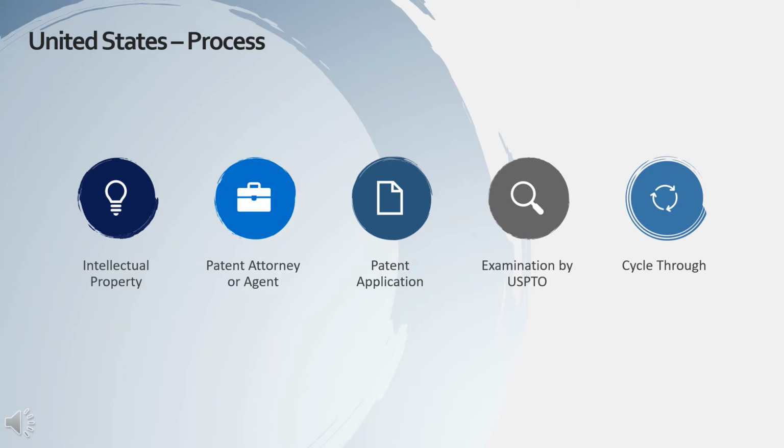In general, an inventor, business, or university will seek the assistance of a patent attorney to help prosecute a patent with examiners at the USPTO. The patent attorney files a patent application with the USPTO to be reviewed by an examiner. When the examiner reviews an application, he or she is looking to see if the claims are, quote, supported by the description, patentable subject matter, useful, novel, and non-obvious, unquote.